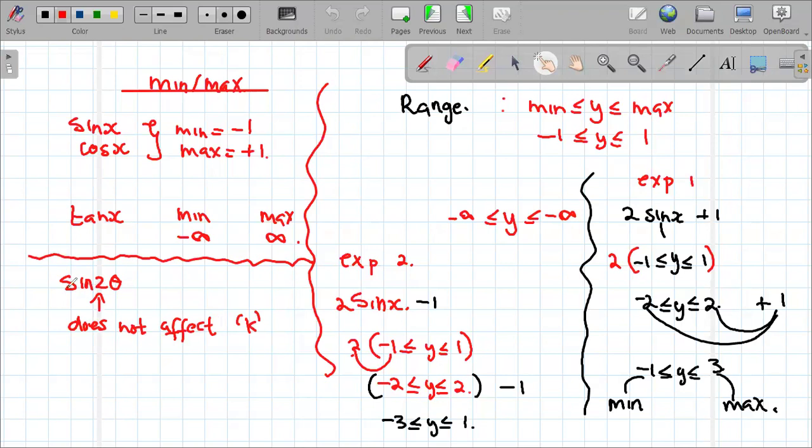Let's say the examiner gives you y equals this and asks about minimum and maximum. This 2 doesn't affect anything. The graph will be normal, -1 and +1. If you can get everything I'm talking about now, the issue of minimum and maximum is done, easy.